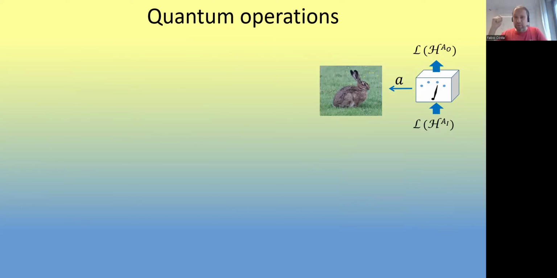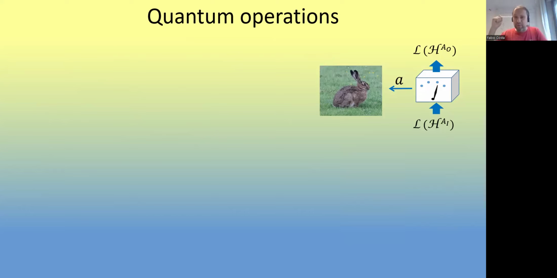And an operation is something that sends quantum states to quantum states, and at the same time leads to a classical outcome A. So the mathematical representation is a completely positive map. So it's a linear map from input to output states, and it sends positive states to positive states, also when you enlarge it to a larger system.